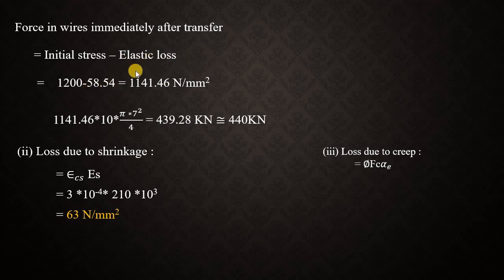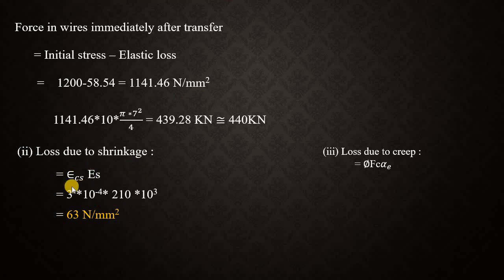Considering the loss due to elastic deformation, that is 58.54, the effective pre-stressing force will be calculated. This is nothing but the effective pre-stressing force, that is 440. This we will get by using the new initial stress. Earlier initial stress was this one, now the new initial stress is this much. This is what we have done in this step.